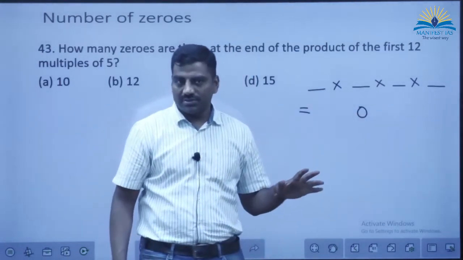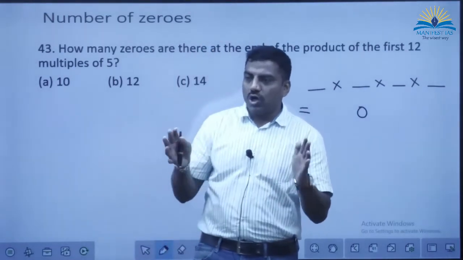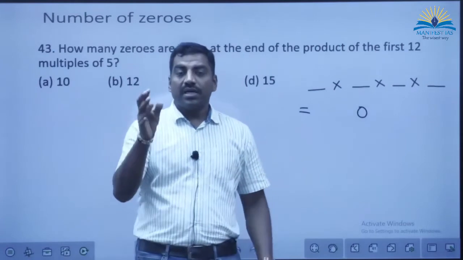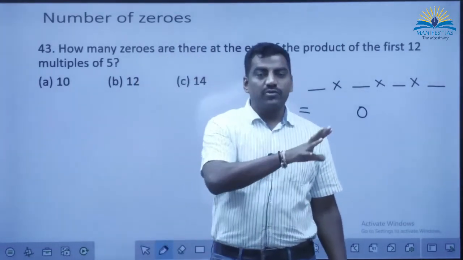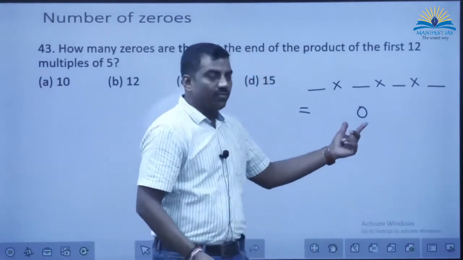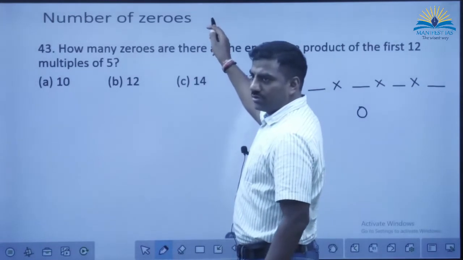In the factors, when you factorize all the given numbers, at least one 2 and one 5 should be there. So write this one under number of zeros.